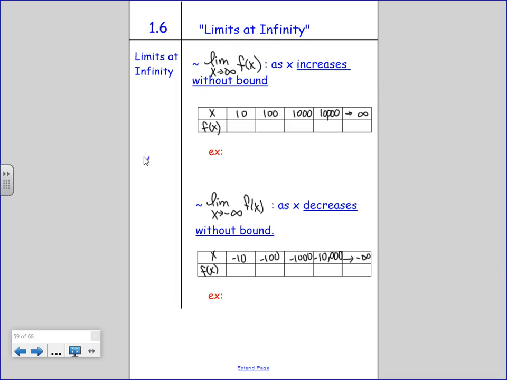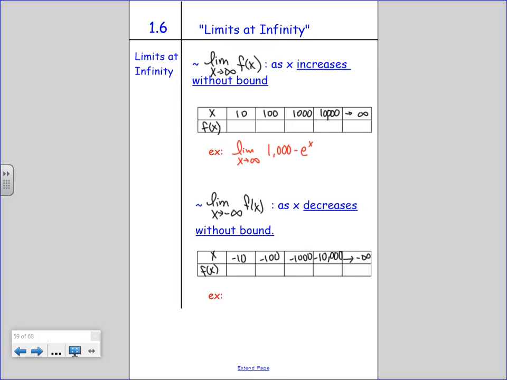Let's do an example: the limit as x goes to positive infinity of 1,000 minus e to the x. Okay, I want you guys in your calculators. Go ahead, go in your table.